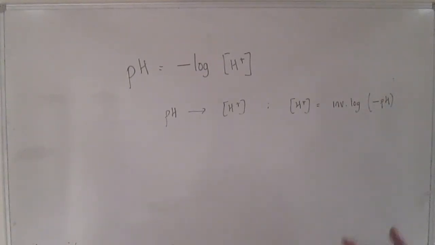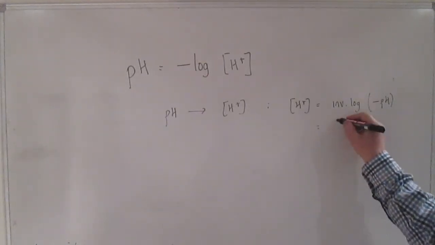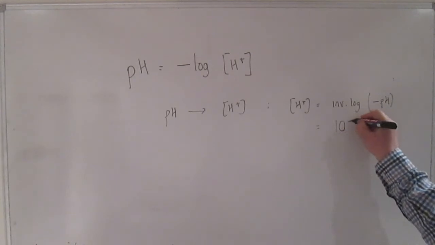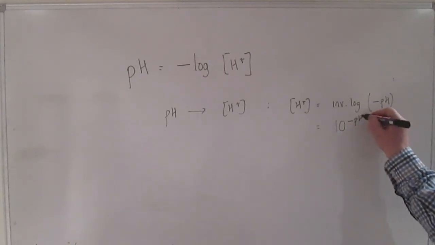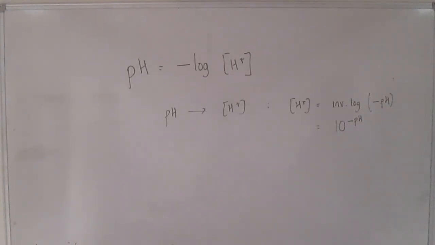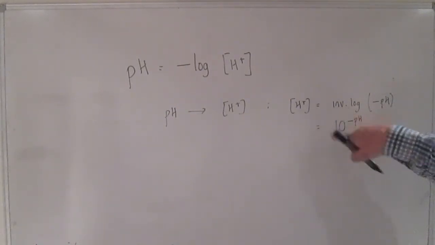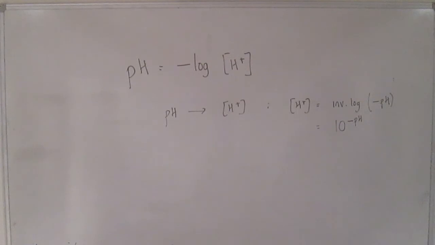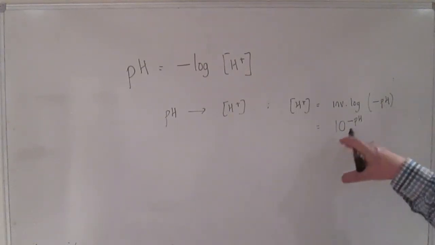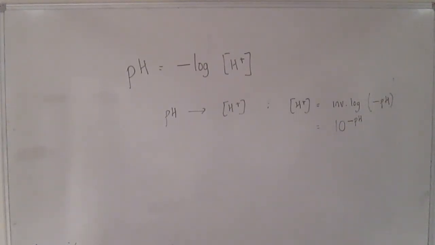And the inverse of log to the base 10 is just 10 to the power x. So in other words, that's equal to 10 to the power minus the pH. And on most people's calculators, the inverse log function is actually written as 10 to the x. Okay, so you've got to do 10 to the power minus the pH.